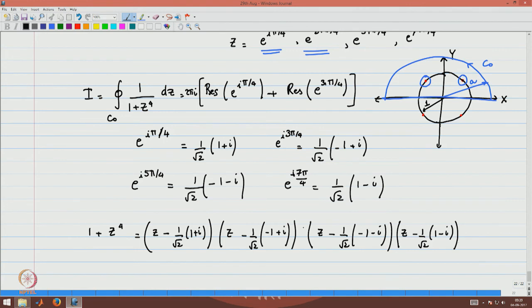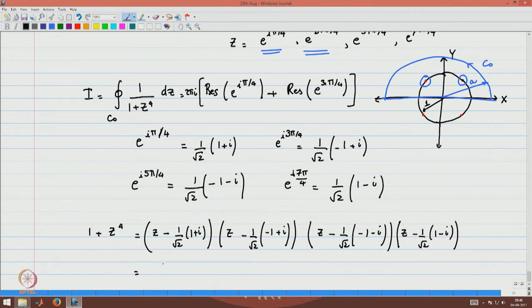Now actually we are not interested in these 2 poles, because these 2 poles lie at e to the i 5 pi by 4 and e to the i 7 pi by 4. So, these lie outside the contour of interest. So, what we will do is we will just multiply this out.